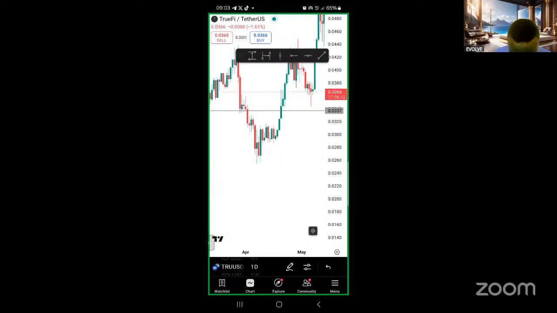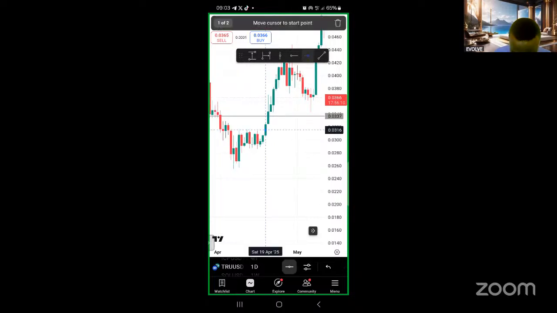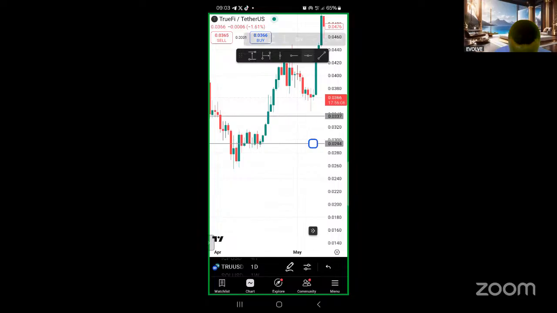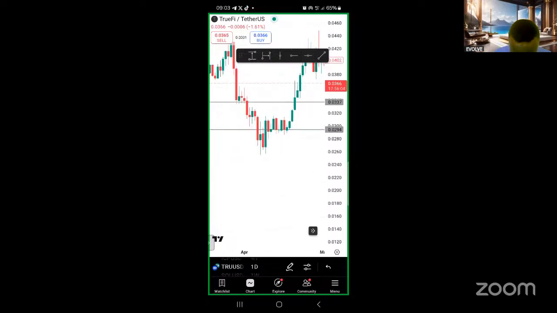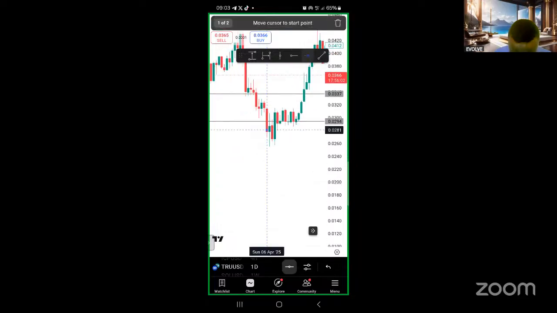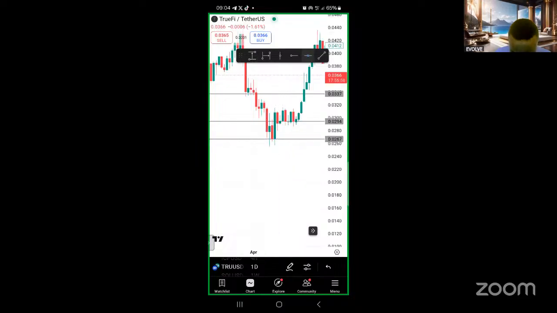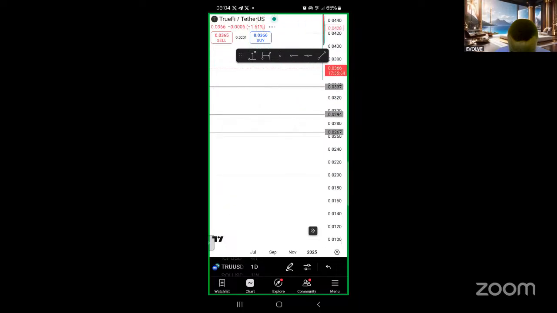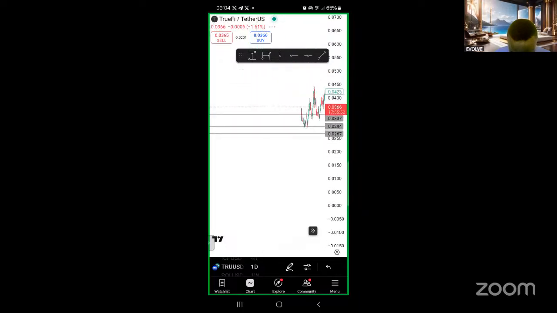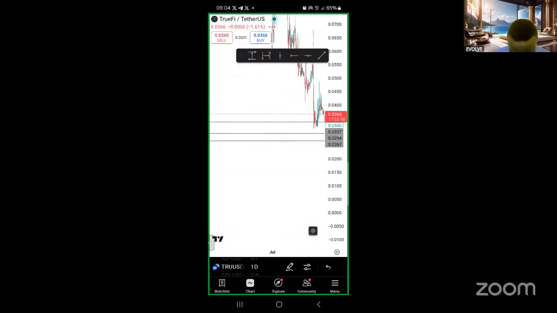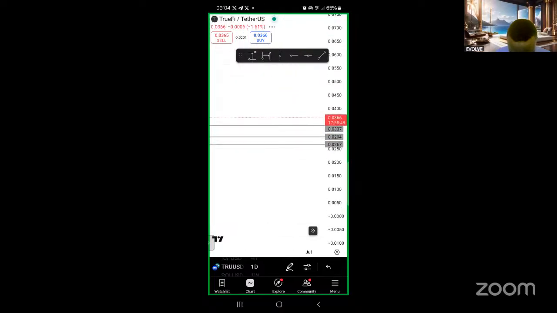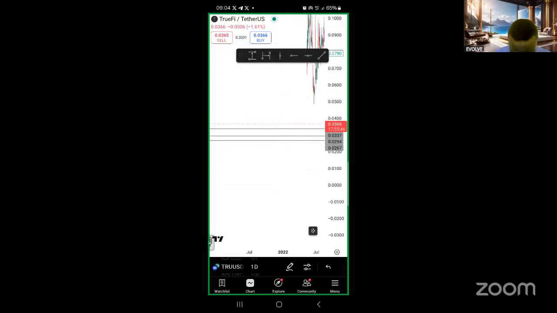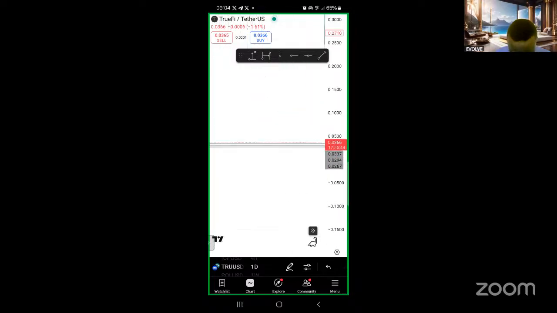We have support number 2. We shall put it down here. We have support number 3 somewhere here. Let's try to get another support line. Oh, there are just 3.